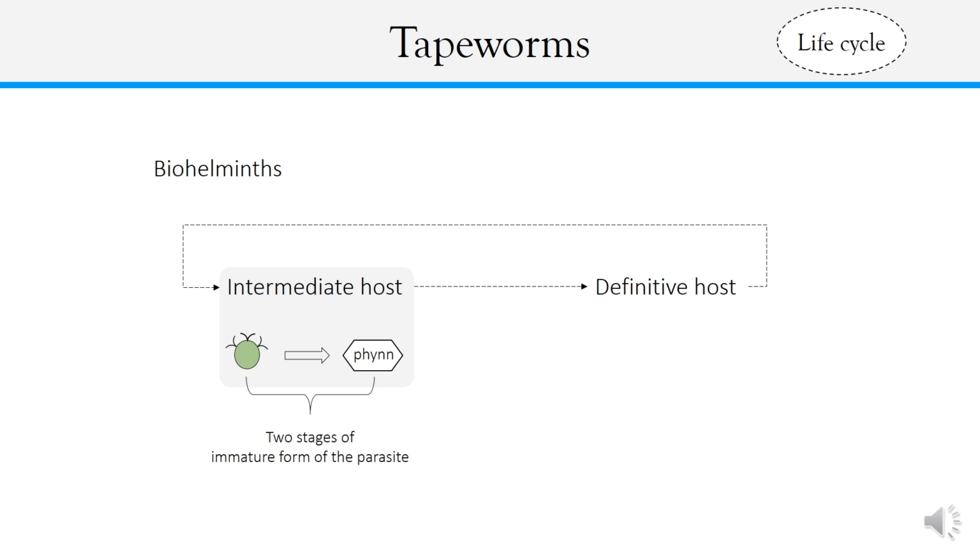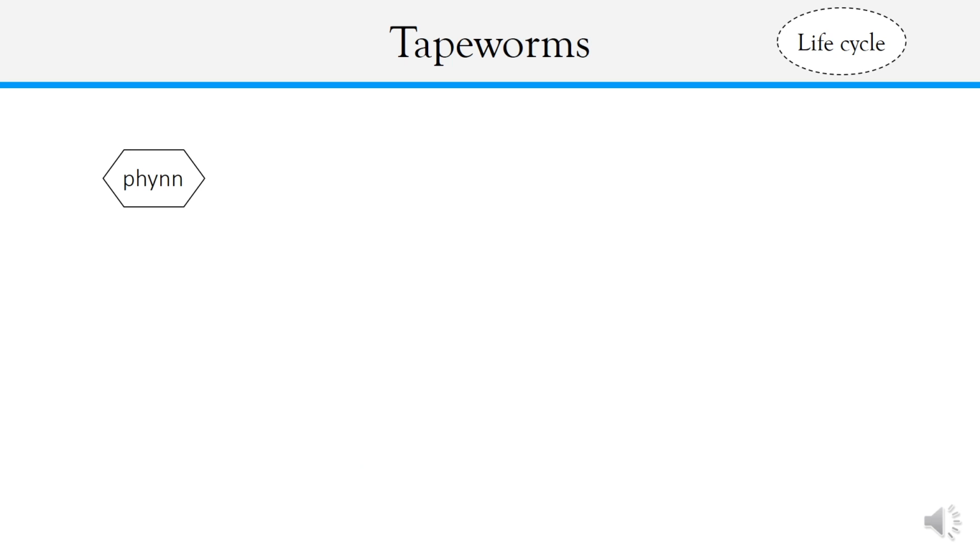In general, an immature form of a parasite is called a larva. So they both could be called larva, but the larva can be either in the form of an oncosphere or in the form of a fin.